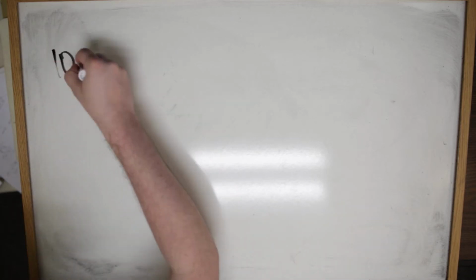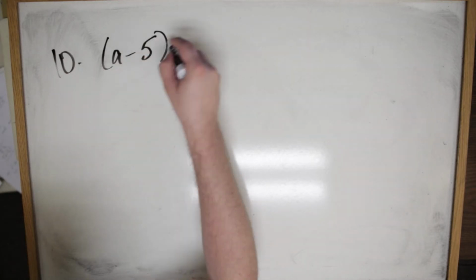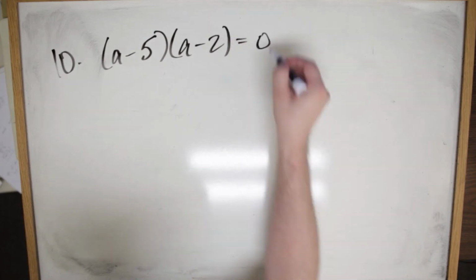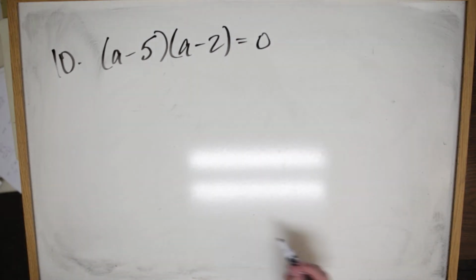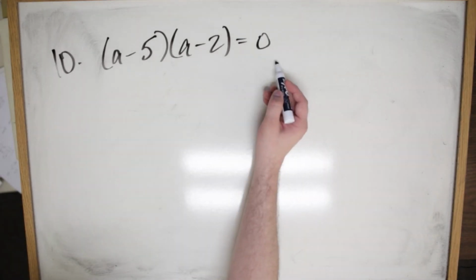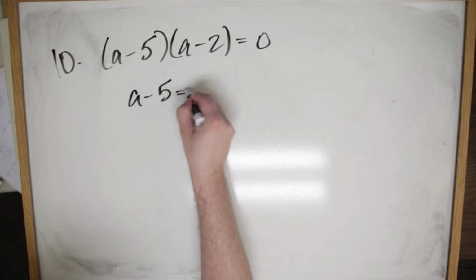Okay, so now we are going to look at some problems. Question number 10. We'll start off easy, and we'll make it a little bit more difficult. They ask us, solve this. A minus 5, a minus 2 equals 0. So I am going to set each individual piece equal to 0 and then solve for that piece. So a minus 5 equals 0.